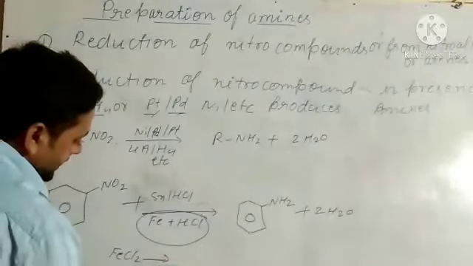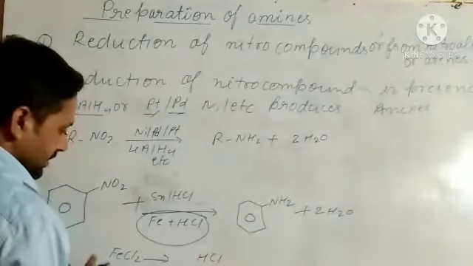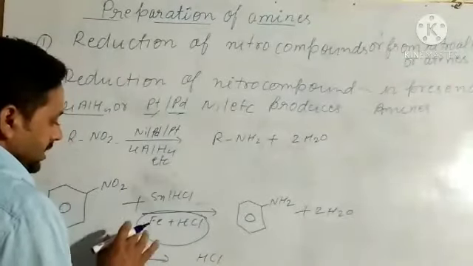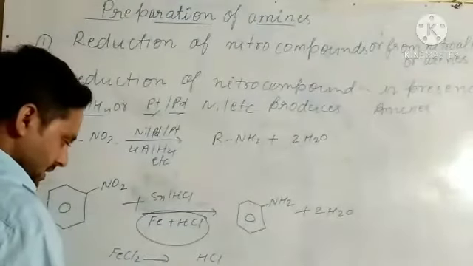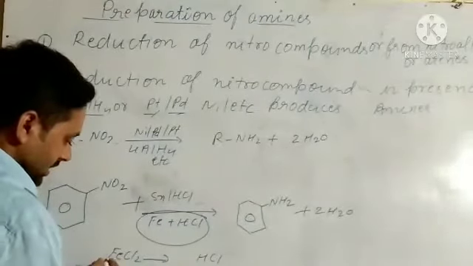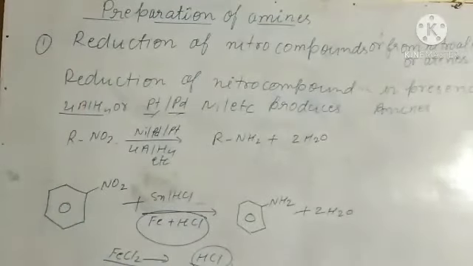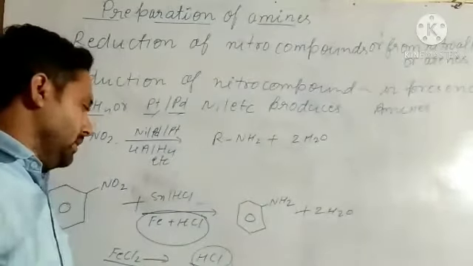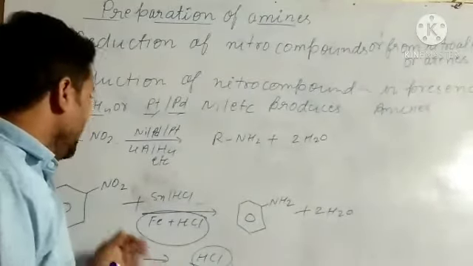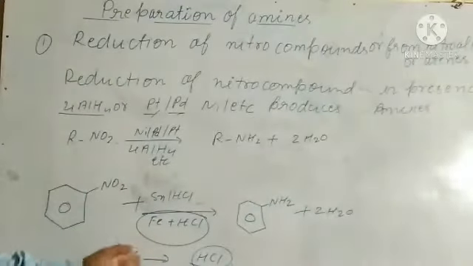it is hydrolyzed and gives HCl. After the reaction it forms FeCl2, which is hydrolyzed and gives HCl. So in this reaction only a small amount of HCl is needed, so this method is preferred.